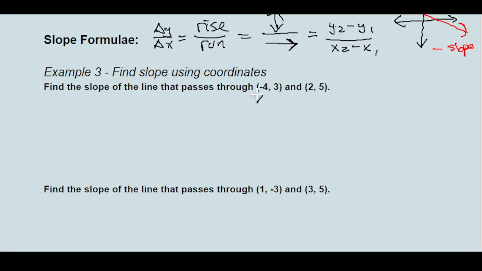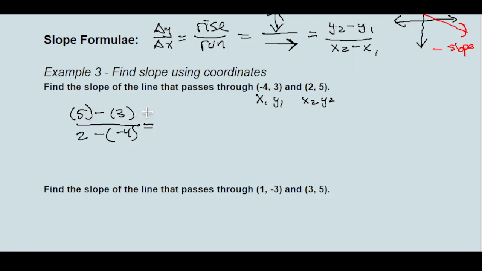So if we call this x1, y1, and then x2, y2, we are going to say y2 would be 5 minus y1, which is 3, over my x's, so 2 minus negative 4. You'll see how I'm being deliberate about using my parentheses here, because that will allow us to catch some of these double negatives.